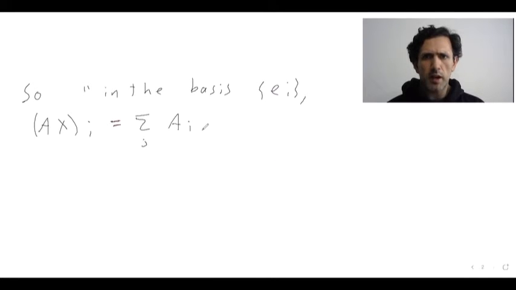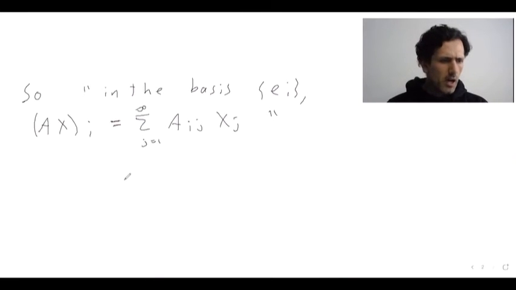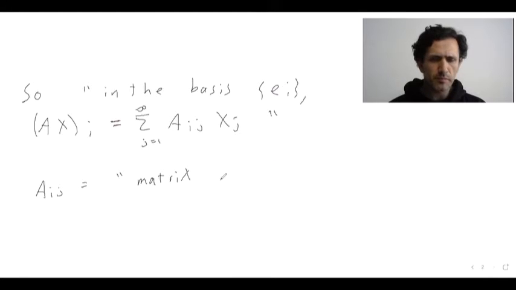So it's the sum of a_ij x_j, exactly what I have here. Right, so we say that a_ij is the matrix of A with respect to the orthonormal basis e_i.